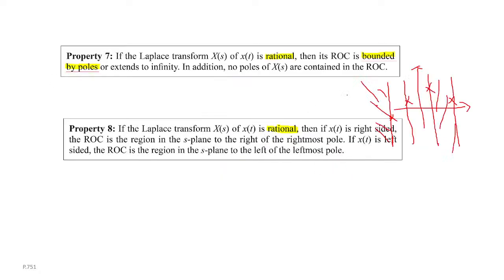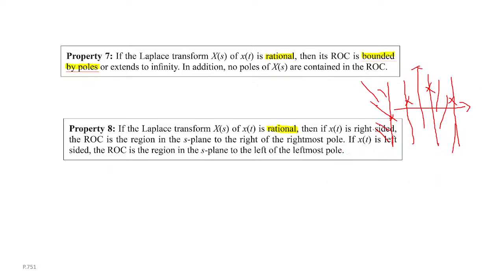It's either some strip bounded by the poles, or something to the left or something to the right. And the property 8 is basically combining this property with the previous property. So if your x(t) is right-sided, you need to extend to infinity, so the ROC needs to be to the right of the rightmost pole and extend all the way to infinity.